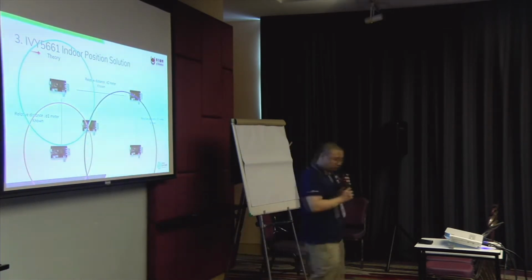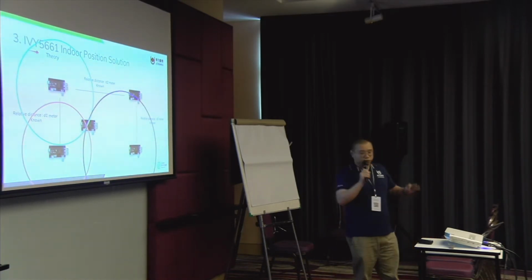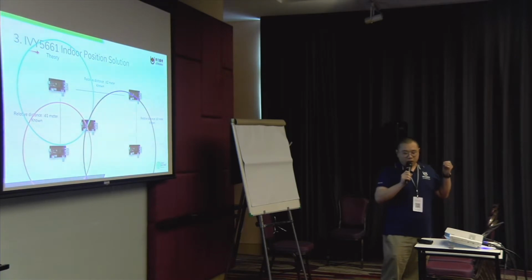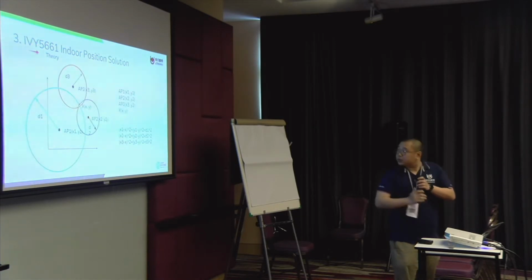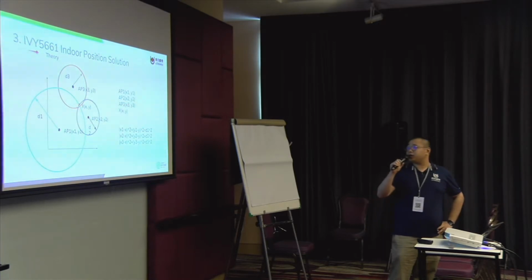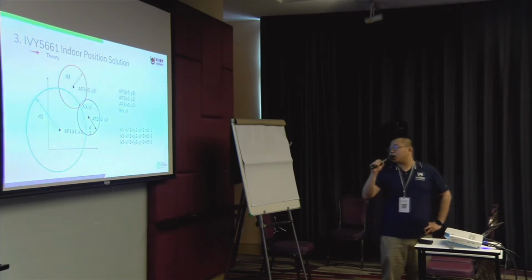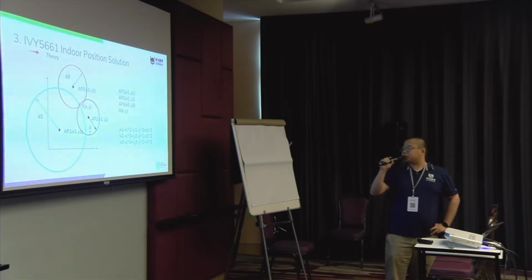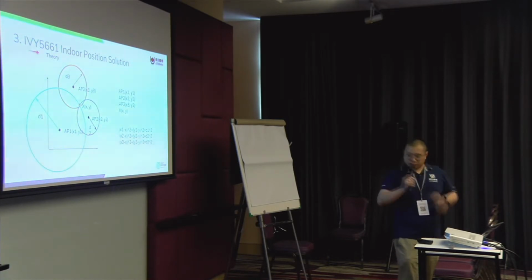And when you get the 3 distances, there will be 3 circles, and there will be one and only one coincidence point. So when you know the coordinates of AP1, AP2, and AP3, you can use this function to calculate the coordinate of the station.